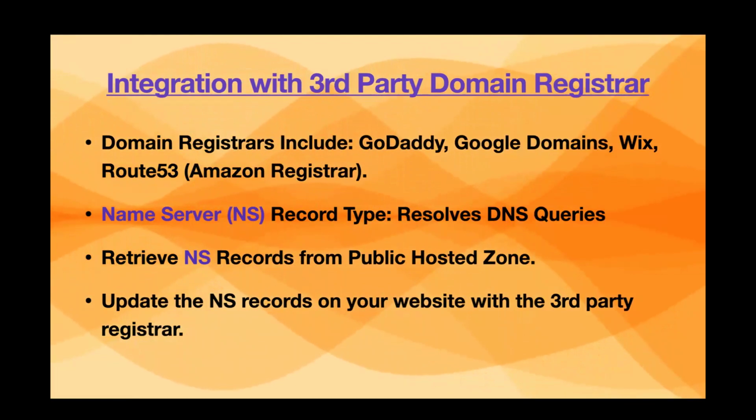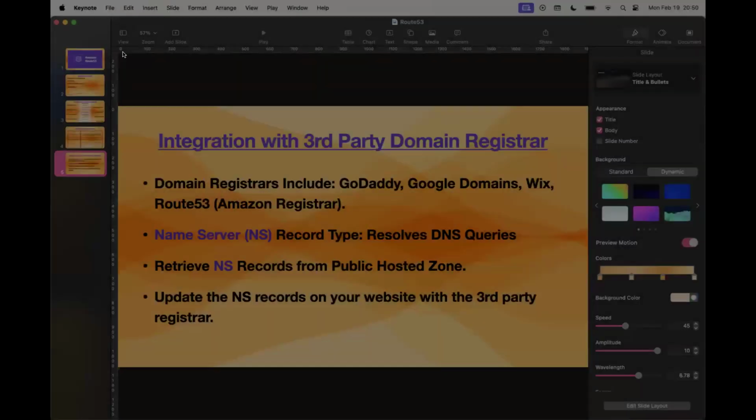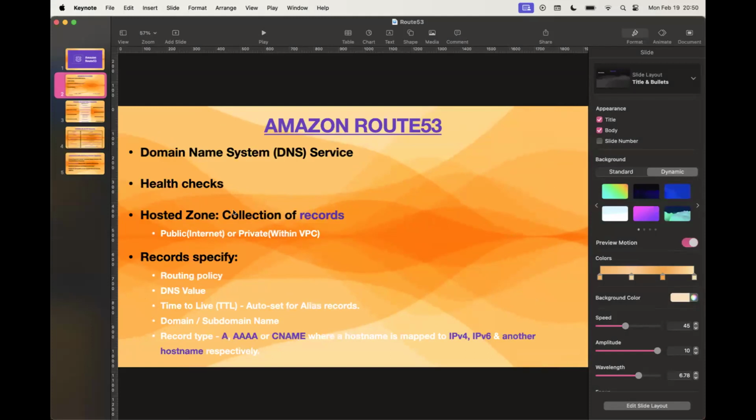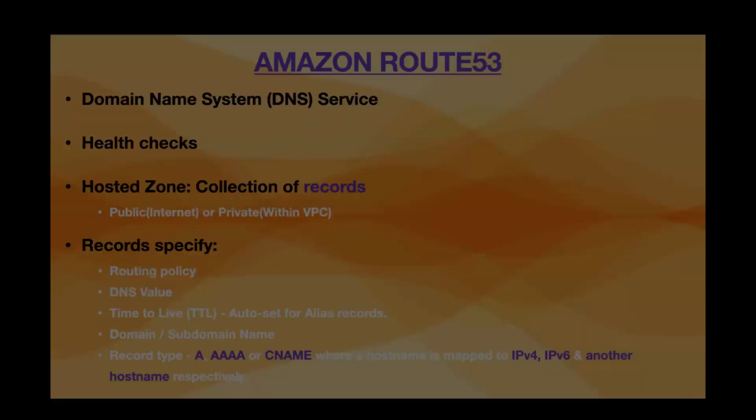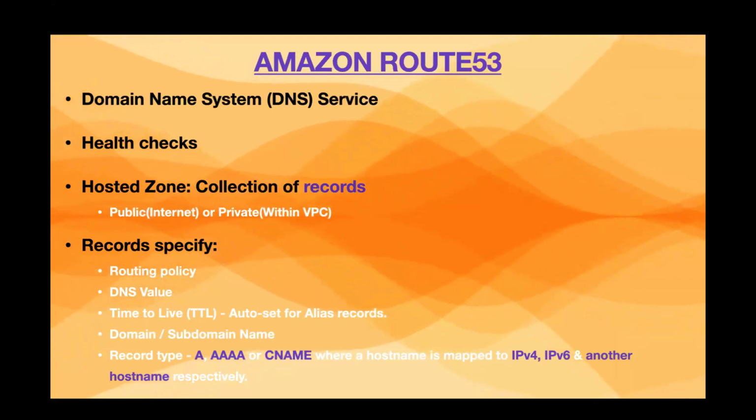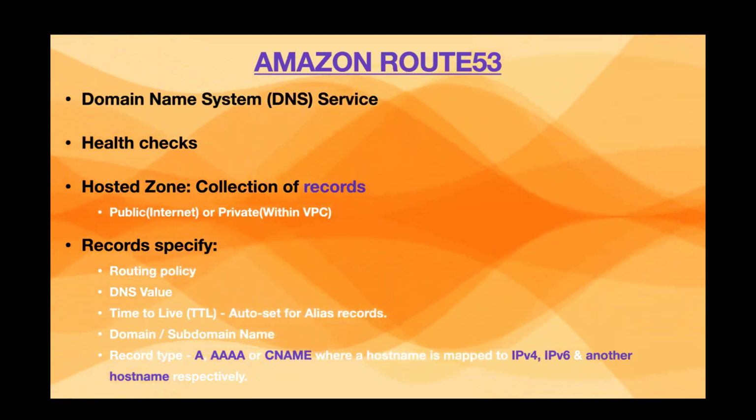The difference between public and private hosted zones has to do with the resources that you have. If it is a website, then you set up a public hosted zone. It is just a collection of records.